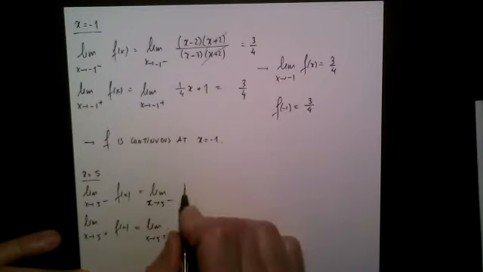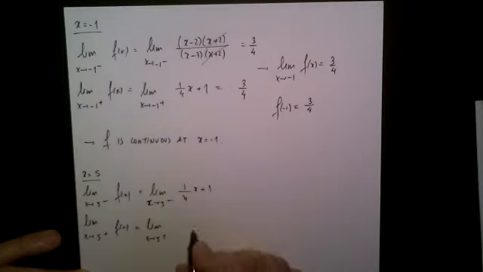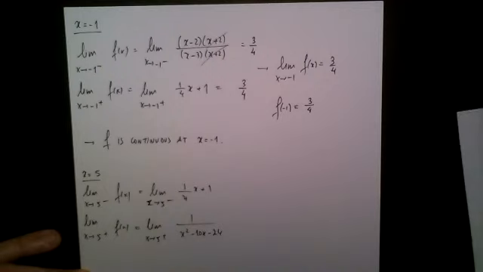To the left of 5, we have 1/4 x plus 1. And to the right of 5, we have 1 over x squared minus 10x minus 24. Let me see if I remember correctly. I think so. Yes.